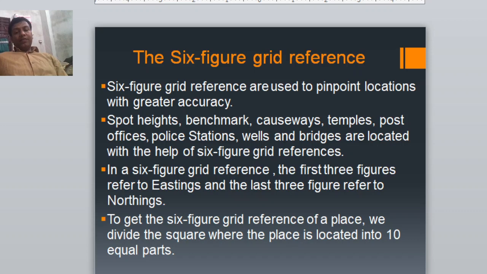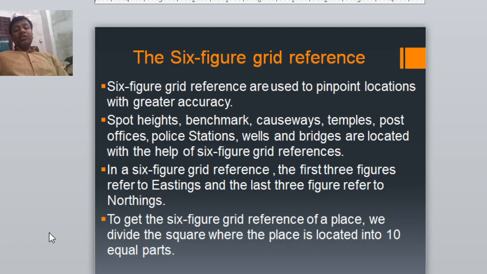Six-figure grid references are used to pinpoint the location with greater accuracy. Suppose we have spot heights, benchmarks, causeways, temples, post offices, police stations, wells, and bridges. At a fixed point like these we can locate with the help of a six-figure grid reference.